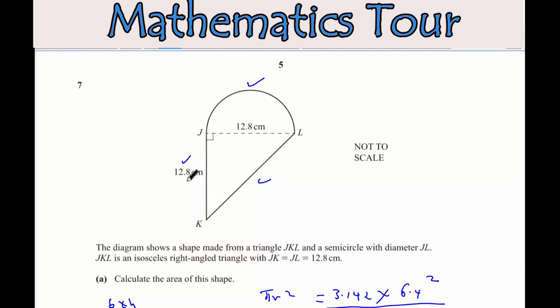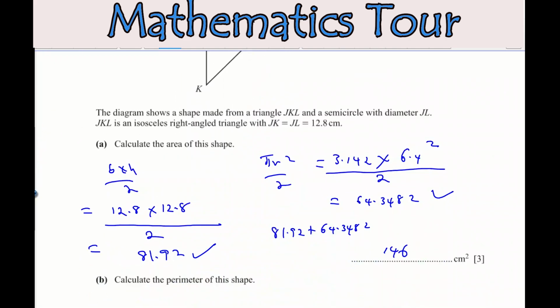We already know that this is 12.8. So I need to find KL by using Pythagoras theorem, and also I can find the circumference of a semicircle. So let's scroll down and do that.